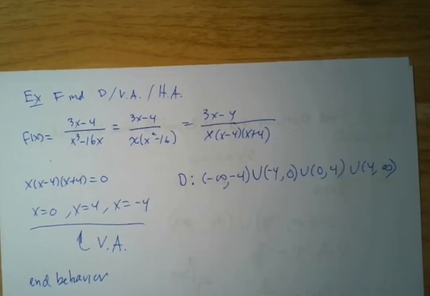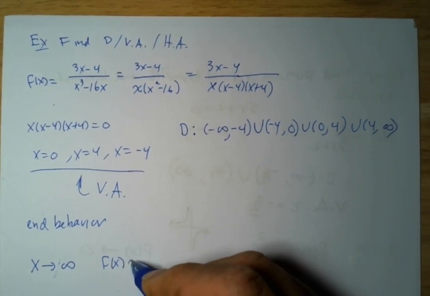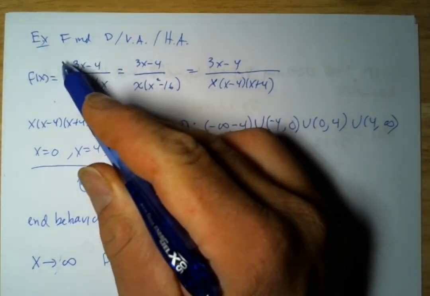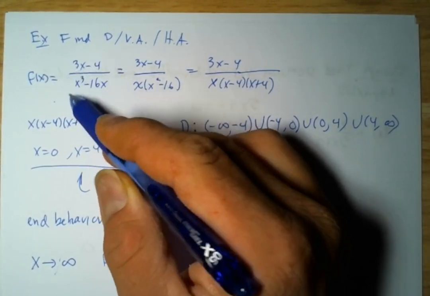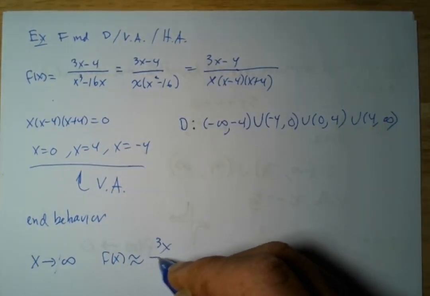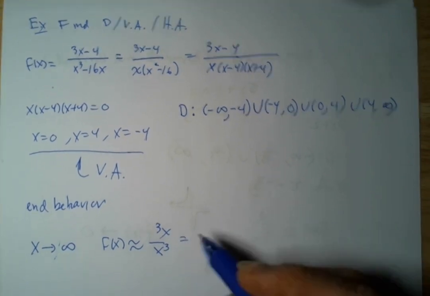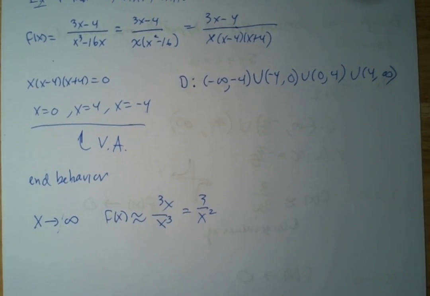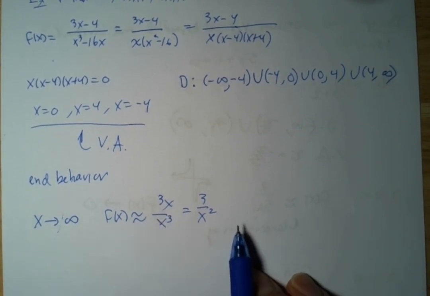As x gets really large, I can think of this function as just being the leading terms. For this, I'll look at the non-factored form, since it's easier to see the leading terms there. That'll be 3x over x cubed, and I can simplify that to 3 over x squared. That's our toolkit function, 1 over x squared, multiplied by some constant 3.